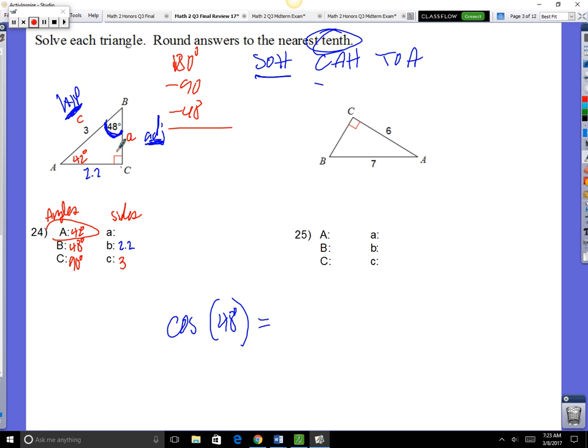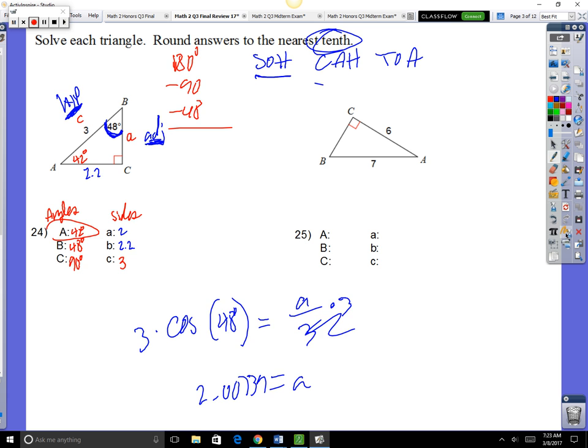The fraction for cosine is the adjacent piece over the hypotenuse. So now times by 3 times by 3. So all I got to do is 3 times the cosine of 48. And I get A equals 2.00739. So we'll just call it 2.